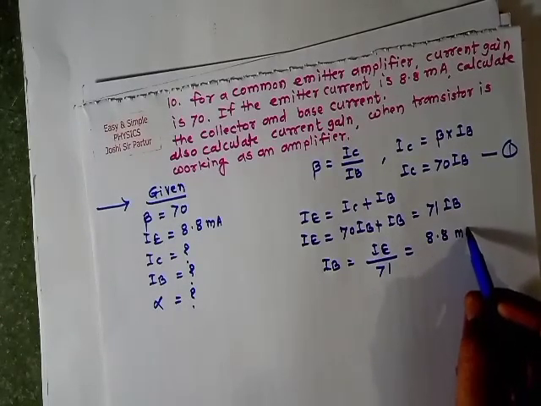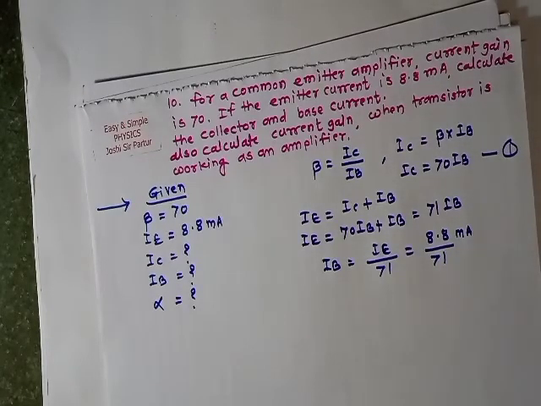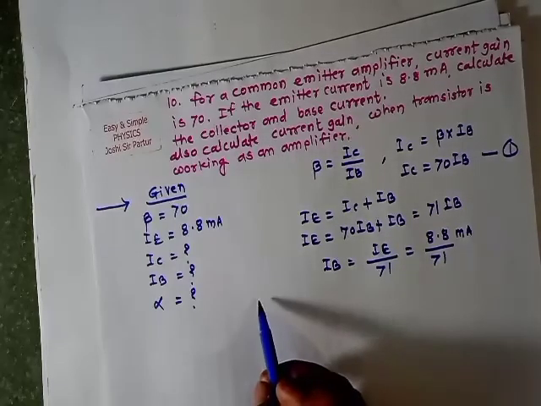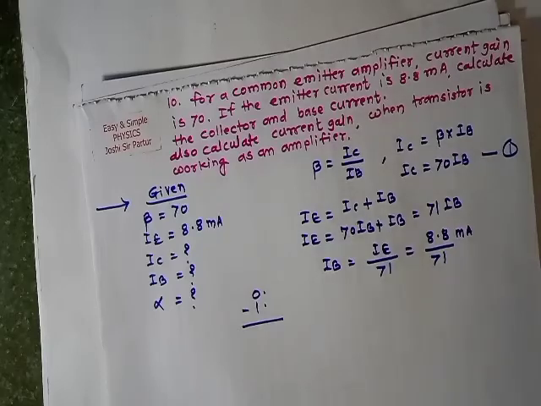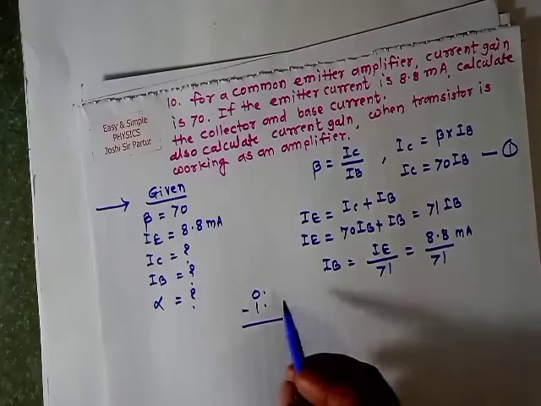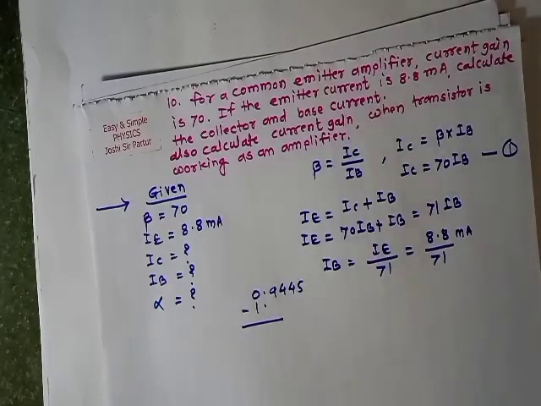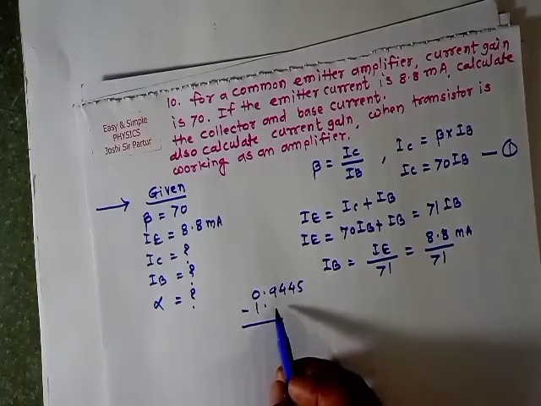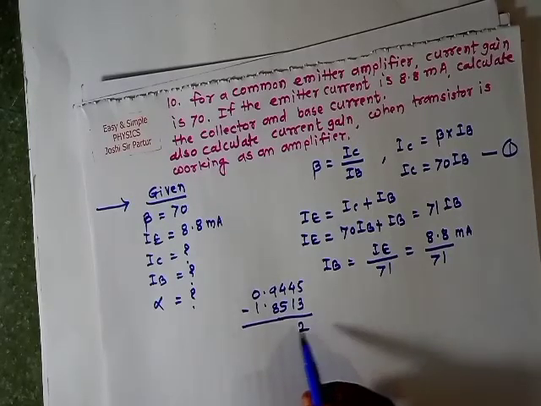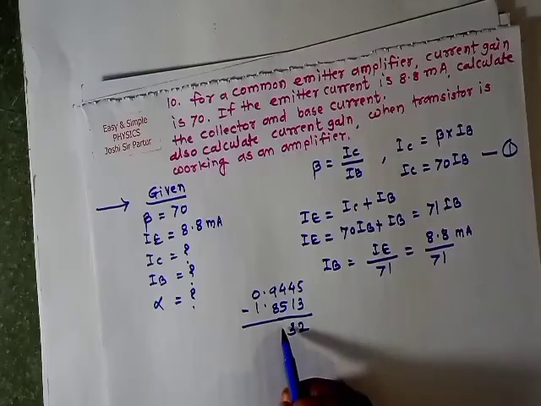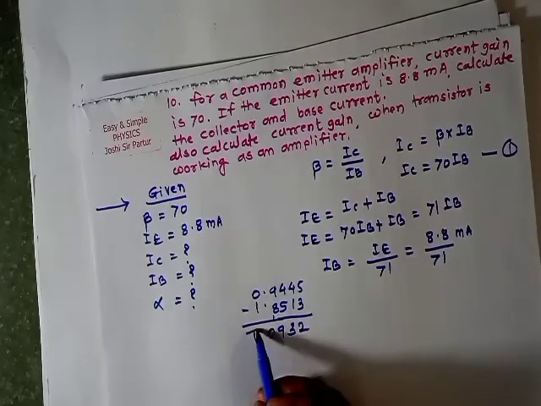That is 8.8 milliampere upon 71. If we find the logarithm, subtraction is there. Log of 88 is 9445, and log of 71 is 8513. So 2 is remaining, 3 is remaining, 9 is remaining, 0 bar 1.